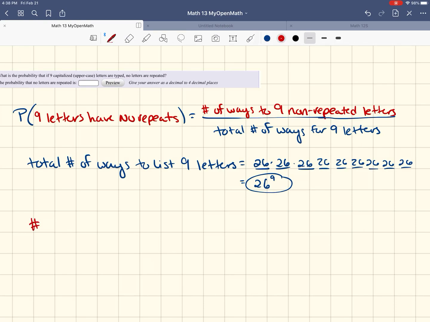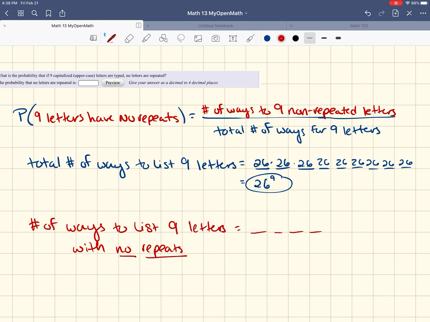Okay, now the numerator. The total number of ways that we could list 9 letters with no repeats would be this. So here are our 1, 2, 3, 4, 5, 6, 7, 8, 9 letters. In the first letter, we can choose anything we want.